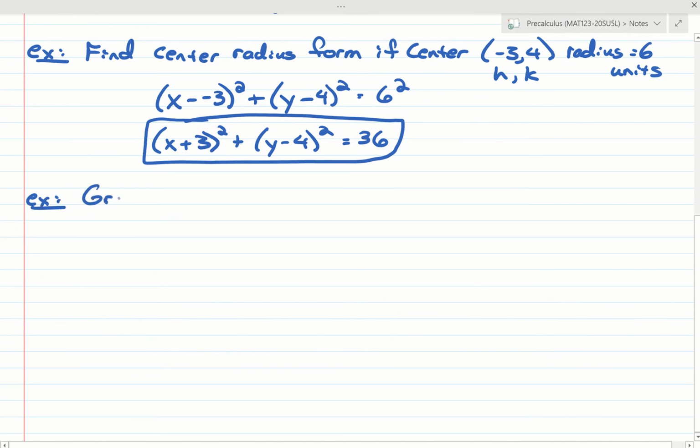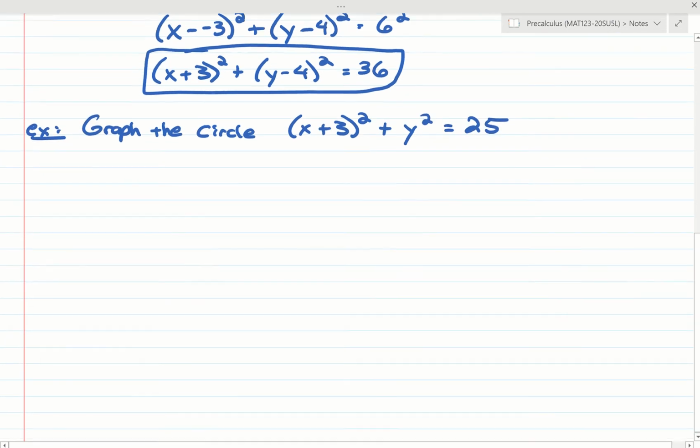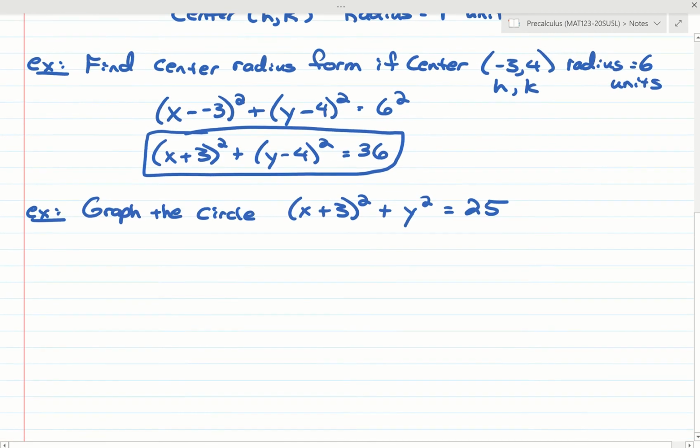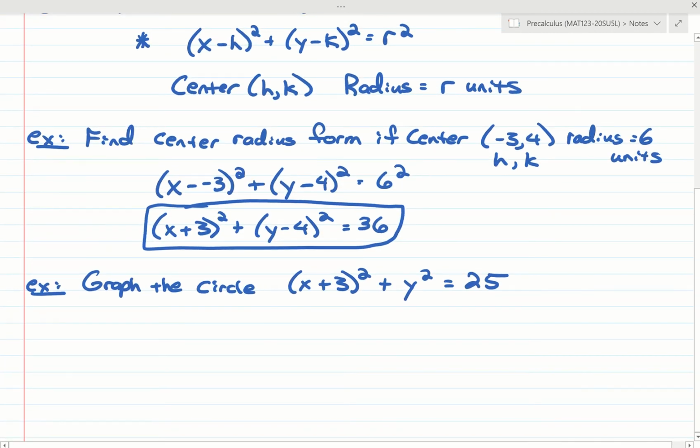What if I asked you to graph the circle whose equation was (x plus 3) squared plus y squared is equal to, let's say 25. Well, in order to make this look like center radius form, it has to be x minus something, right? So this is really just x minus -3.